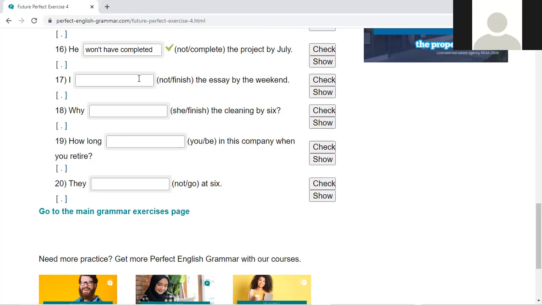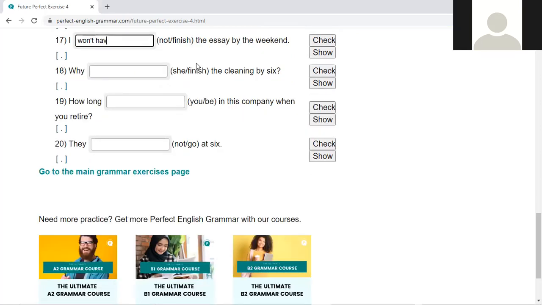¿Ya ves? Ok, very good. 17, negative. I won't have finished the essay by the weekend. The pronunciation is essay. Okay. All right. 18.